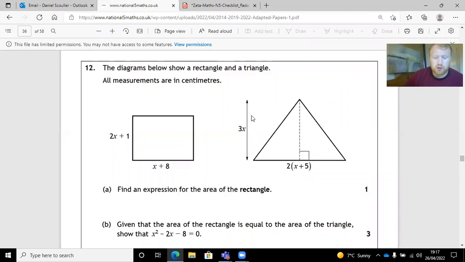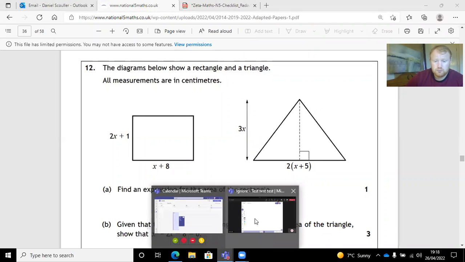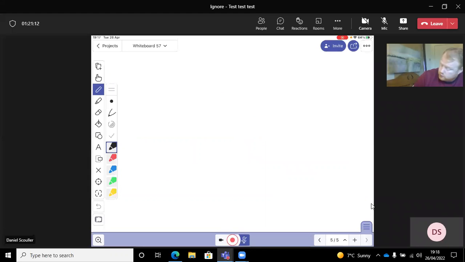One side is 2x plus 1 and one side is x plus 8. We're looking for the area. Area of a rectangle is length times breadth. So it's 2x plus 1 times x plus 8. Okay, expression for A, okay, fine. 2016, paper 1, question 12.